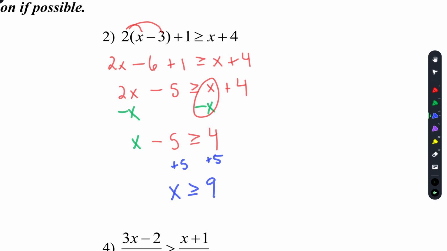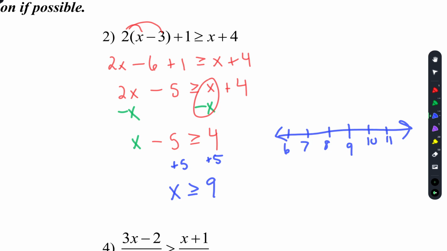As far as graphing that, we're going to go over interval notation later on in the year. But right now, you're going for the number line. You for sure are going to need 9. Just pick some numbers above 9 and below 9. So I would go 10, 11, and then below, 8, 7, 6, something like that.